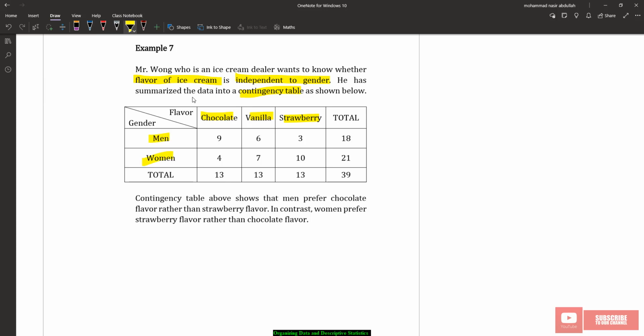So it distribute men who bought chocolate 9 out of 18 men. Right, out of 18 men, 6 beli vanilla, 3 buy strawberry, and woman, out of 21 women, 10 buy strawberry, 4 chocolate, and 7 vanilla. That's all.